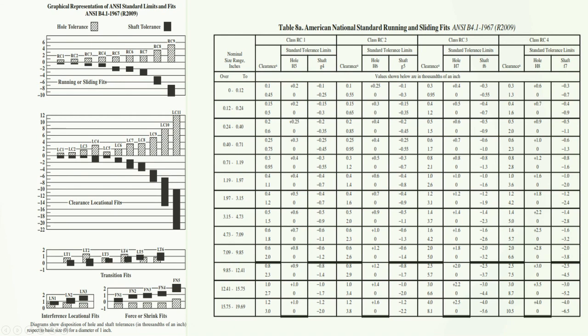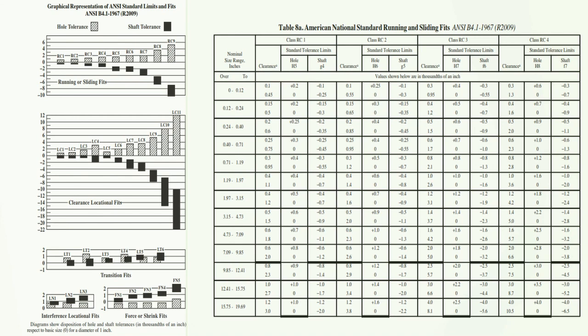Here is the table that we use to find out the values for the fits. The running and sliding fits are used where we have to slide one part into another part. A very good example is the piston in a cylinder.